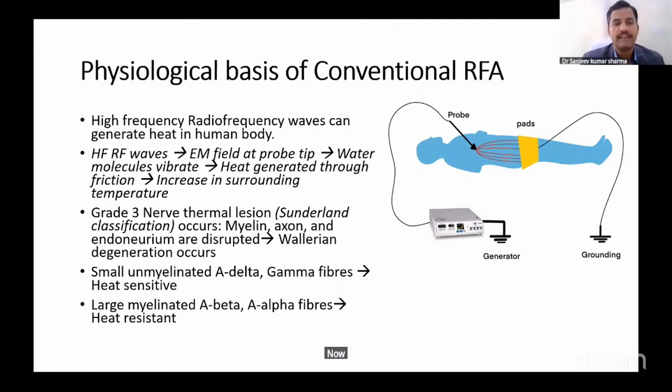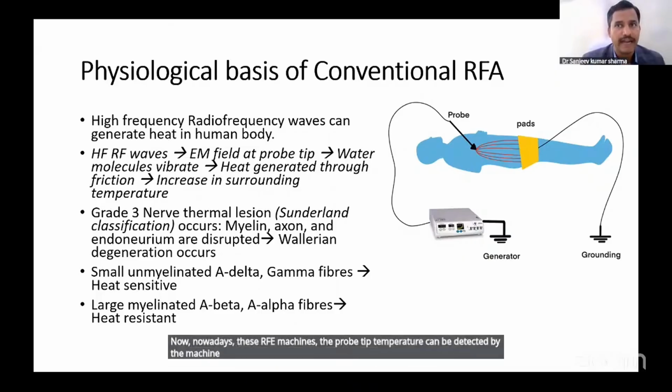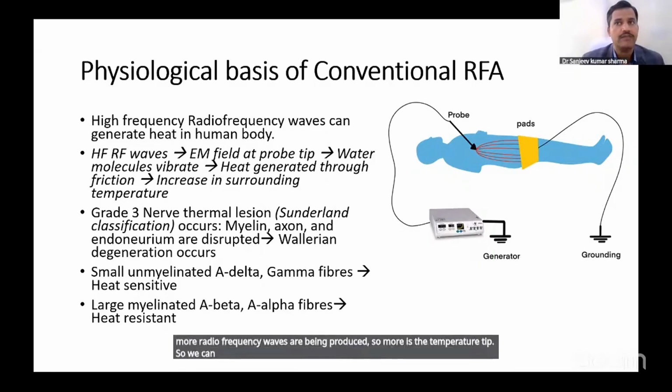This results in an increase in the temperature surrounding the probe tip. Nowadays, the probe tip temperature can be detected by the machine, and we can gradually adjust the tip temperature by adjusting the voltage of the machine. As we keep increasing the volts, more radio frequency waves are produced, so the tip temperature is higher. So we can control the tip temperature by controlling the RF machine knob.